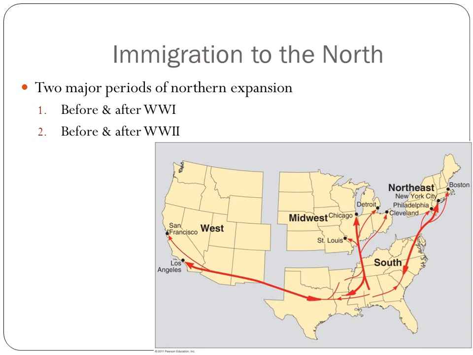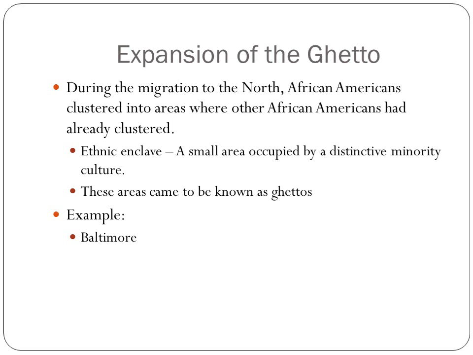So many African Americans, for the first time, moved out of the South, largely coinciding with the periods of time before and after World Wars I and II. And so the next era of migration for African Americans was what our textbook calls the expansion of the ghetto. So as African Americans were being pulled to northern cities before and after World Wars I and II, African Americans clustered in the parts of cities where other African Americans had already settled.